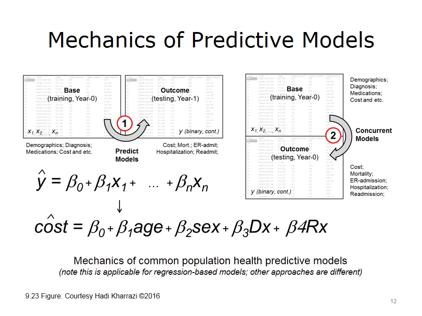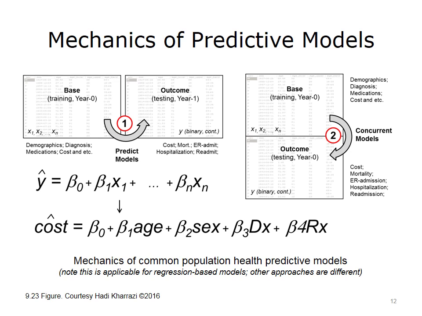In concurrent models, indicated by Circle 2, the base year provides both the base and the outcome datasets. Usually concurrent models have a higher accuracy, as using the same year's outcome, such as cost, is less variable than using next year's outcome.